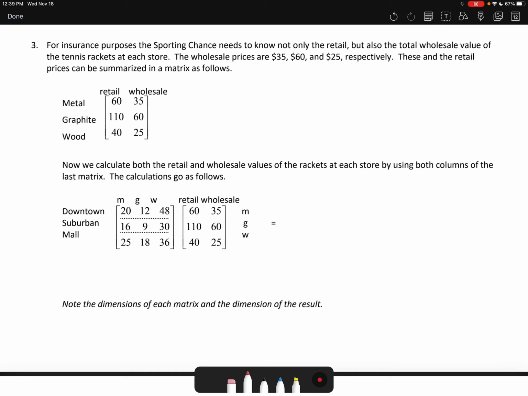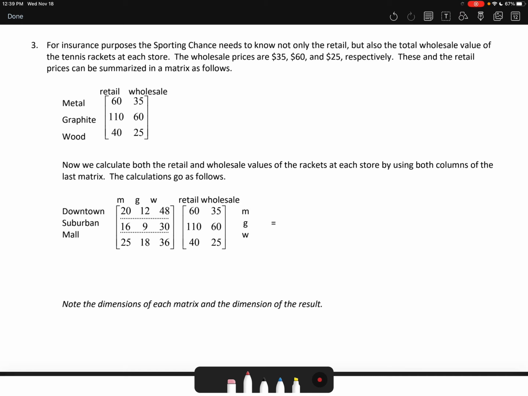Finally, it says for insurance purposes, Sporting Chance needs to know not only the real retail value, but also the total wholesale value of their tennis rackets at each store. The wholesale prices are $35, $60, and $25 respectively, so for their metal, graphite, and wood. So what they've done now is they've put that as a new column matrix.